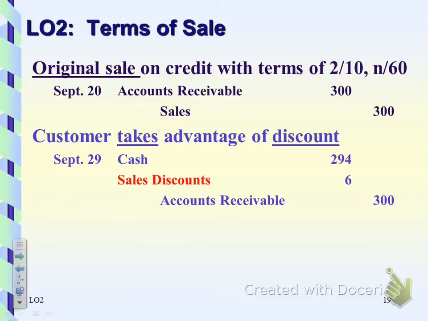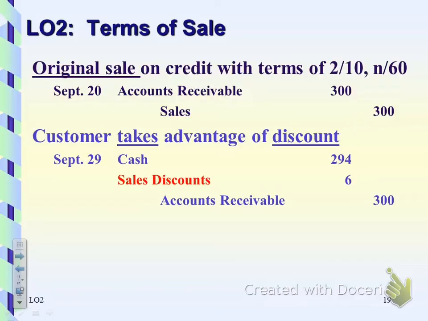So if the customer takes advantage of that discount, this is how we would record this transaction when they paid the account off. We can't record it all into cash because we're not getting all of the cash. We're getting only $294 of the $300. We've got to wipe the whole account receivable off of the books because they don't owe us $300 anymore.